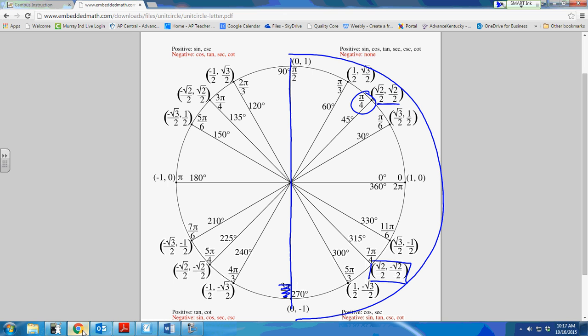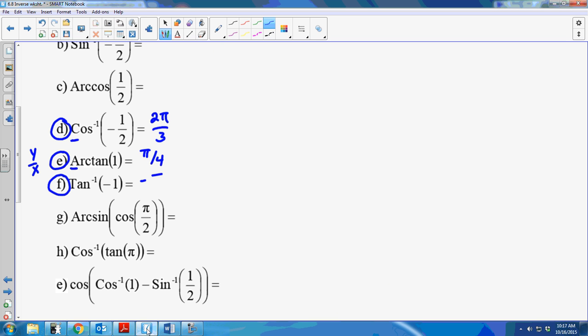We have to think of these as the negative counterparts of what's in the top half. So the correct answer isn't 7 pi over 4, but negative pi over 4. Okay? 7 pi over 4 isn't between negative pi over 2 and pi over 2, so we wouldn't be able to put that.